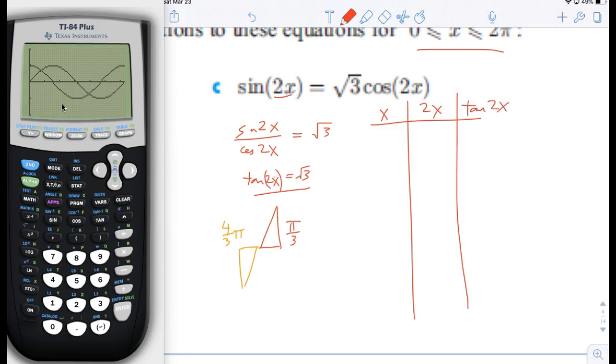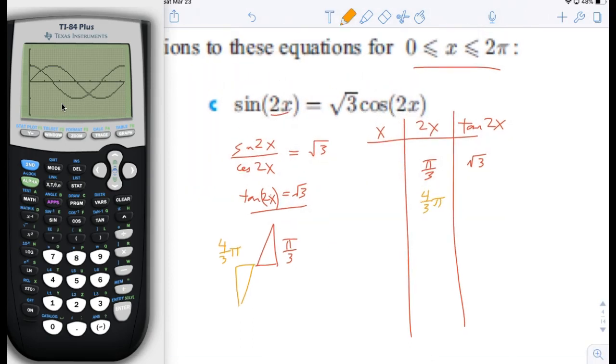So we're looking for when the tangent of 2x equals square root of 3. Let's see. What triangles give us tangent of square root of 3? It would be pi over 3 in red, and it would be 4/3 pi in orange.